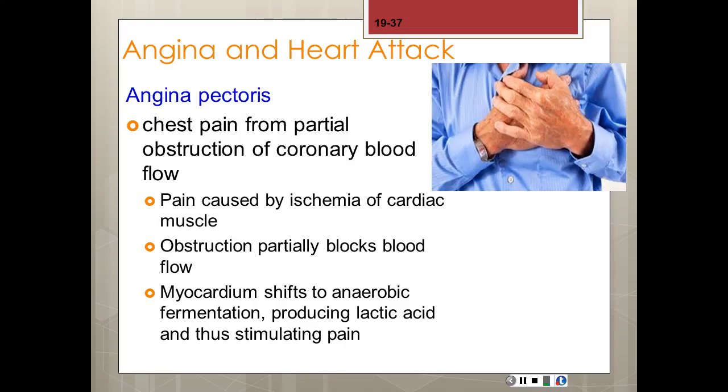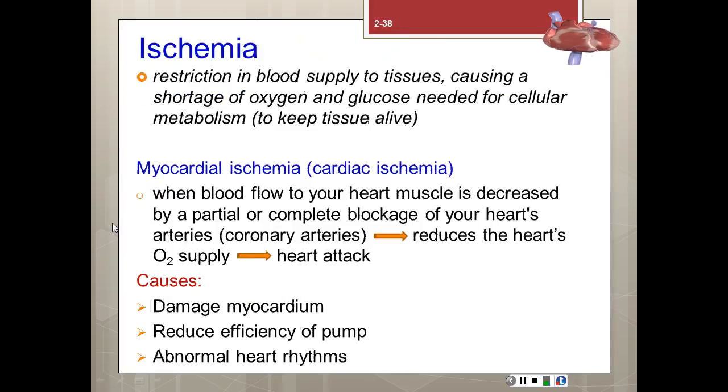The myocardium shifts to anaerobic fermentation, producing lactic acid, and then giving you this pain. Then we have ischemia, which is restriction of blood flow or blood supply to tissues, causing a shortage of oxygen and glucose needed for cellular metabolism, which is used also to keep muscles alive. So it's very important.